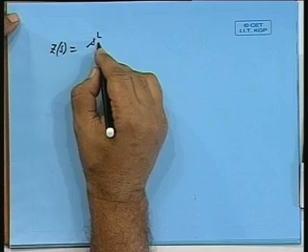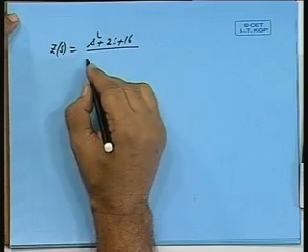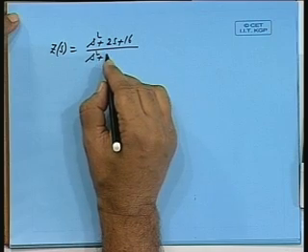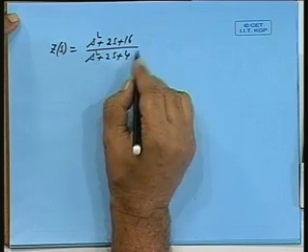Good morning, friends. We will continue with the numerical problem that we were discussing in the last class. We took a function Zs equal to s squared plus 2s plus 16 divided by s squared plus 2s plus 4.